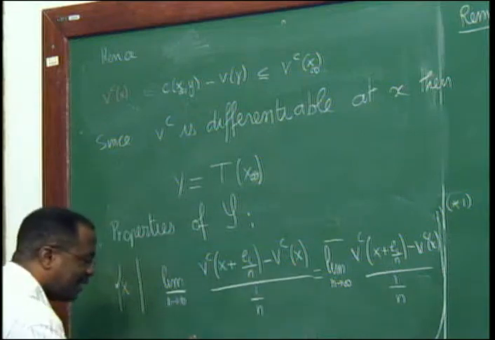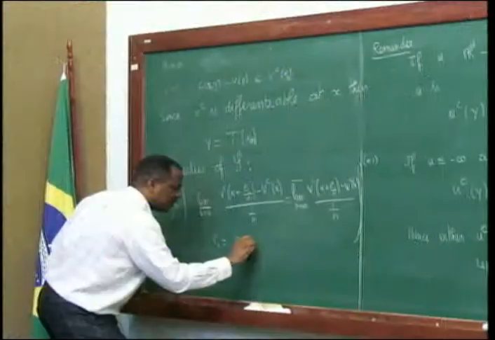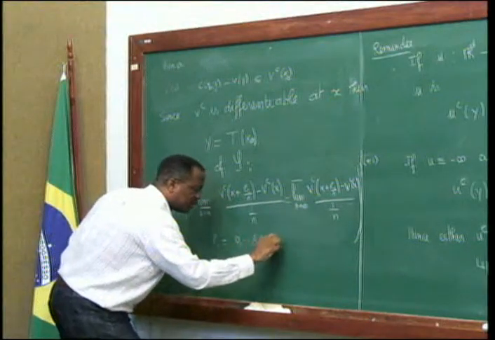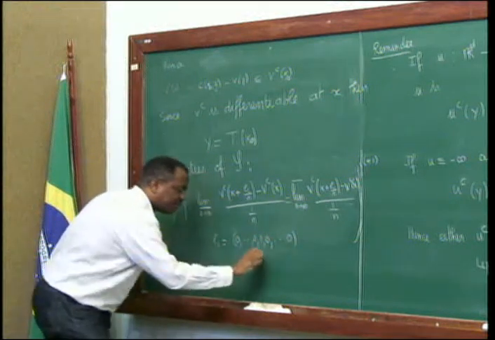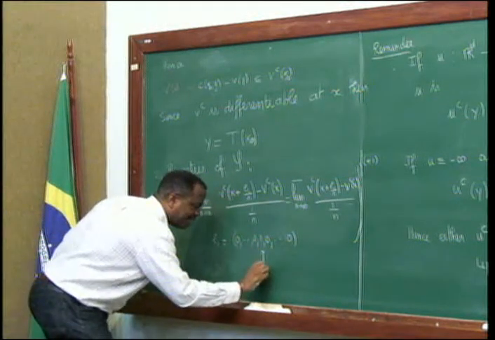So here e_i is (0, 0, 1, 0): I put 0 everywhere except at the i-th component.